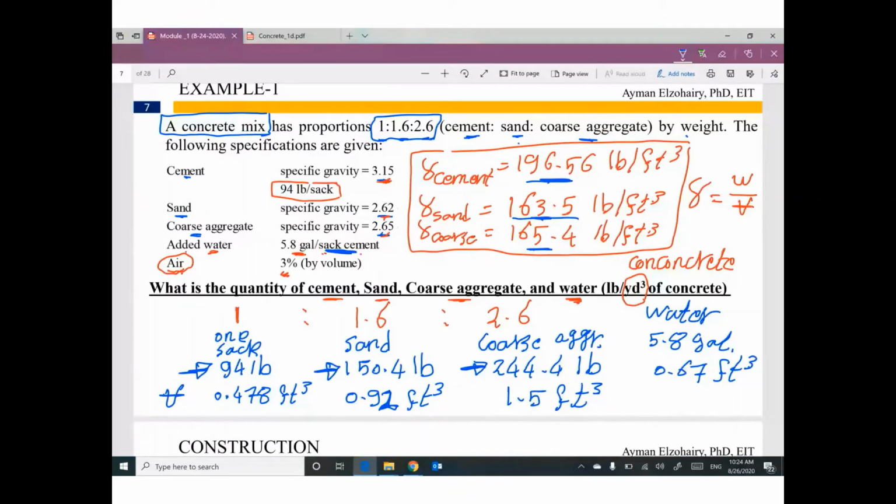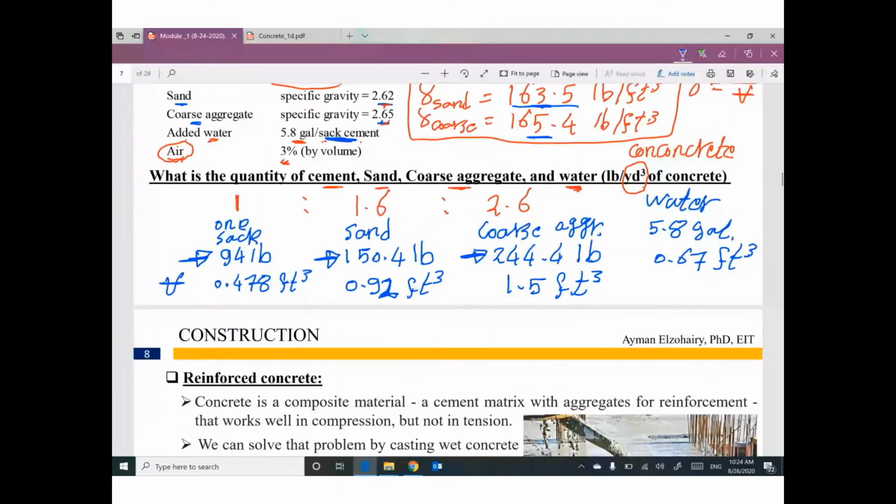So we have this volume of cement, sand, coarse aggregate, and water. All of these calculations are only for one sack of cement.